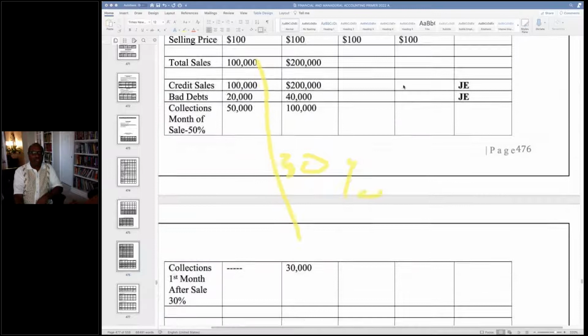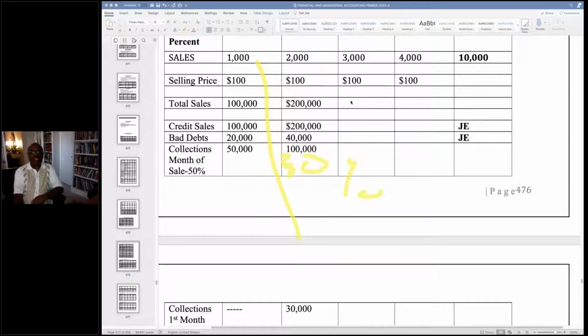Okay, let's go to the third quarter. What are our total sales in the third quarter? $300,000. And these are all credit sales.